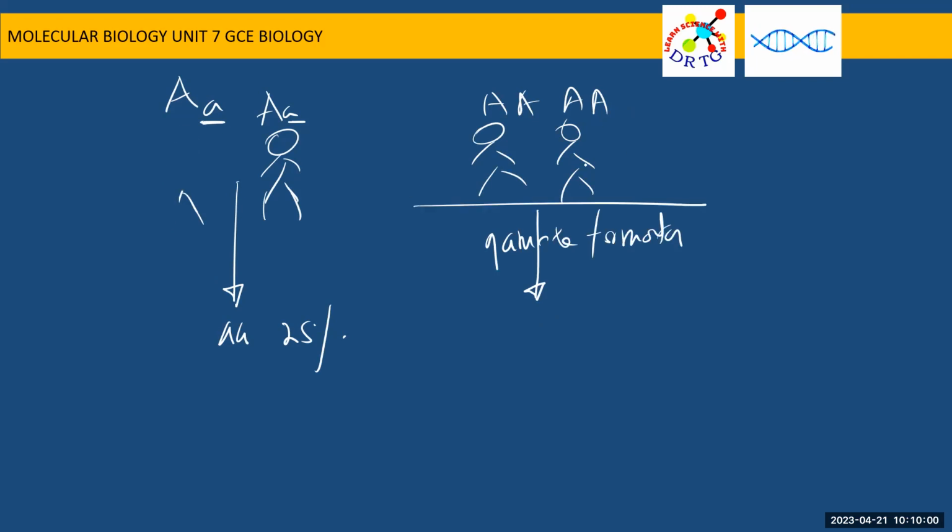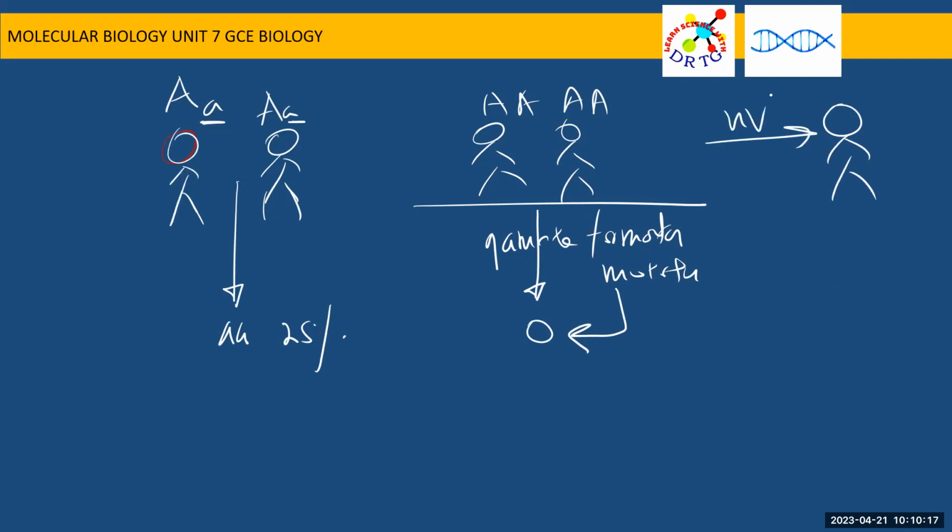So the parents are okay, but during gamete formation there could be a mutation. Then the offspring can end up with the genetic disease. The third situation, the adult stage: exposure to UV rays can cause mutation, and this ends up as cancer.